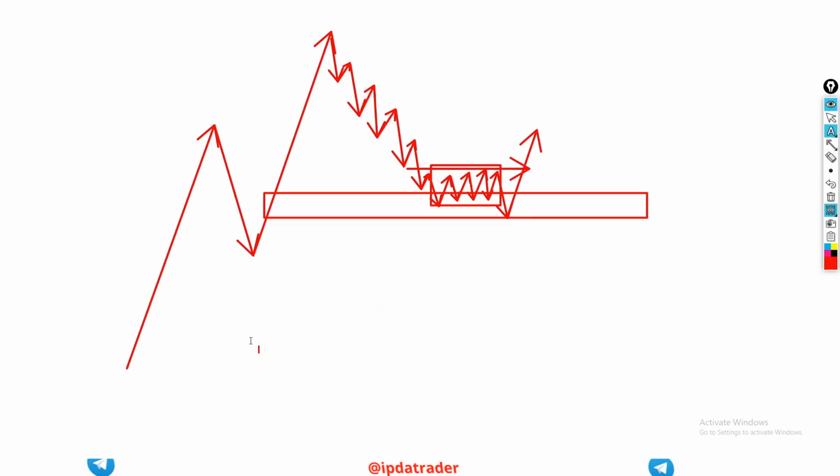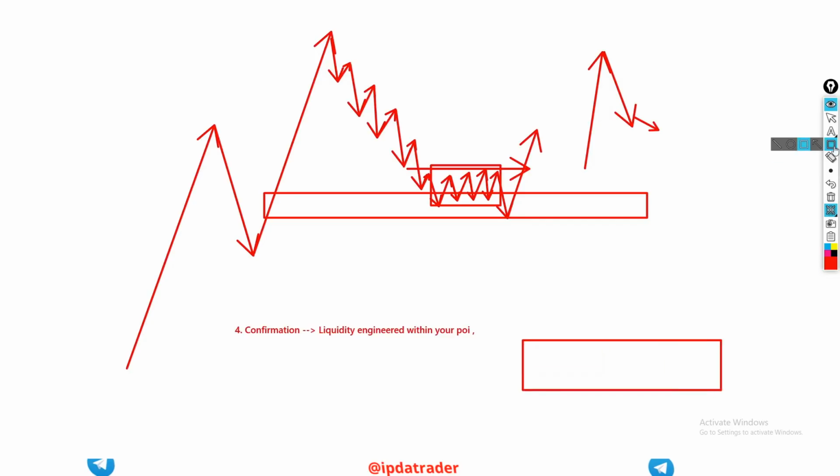So let's write it down. Confirmation is liquidity engineered within your POI or right above or below it. If the market was to engineer liquidity just above your POI without touching it, then grab it, and then you get the break, that would also be valid.